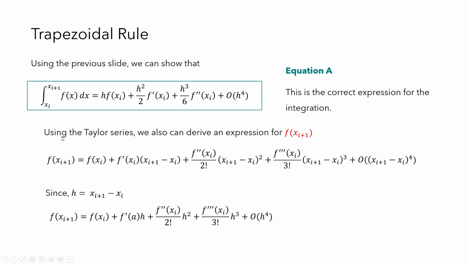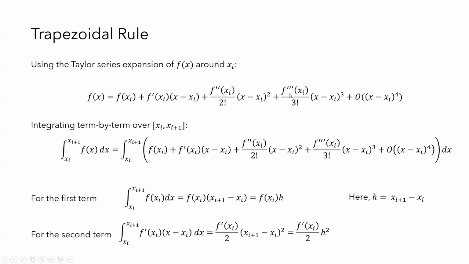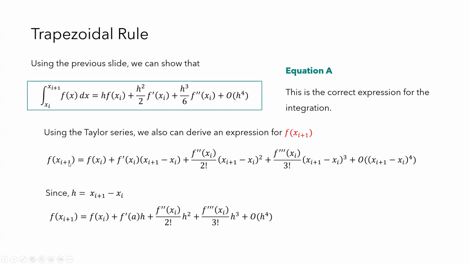And then again, I can write the Taylor series for f of xi plus 1. What I did is I have this expression over here, and I substitute x with xi plus 1. So if I write with xi plus 1, I get this expression.